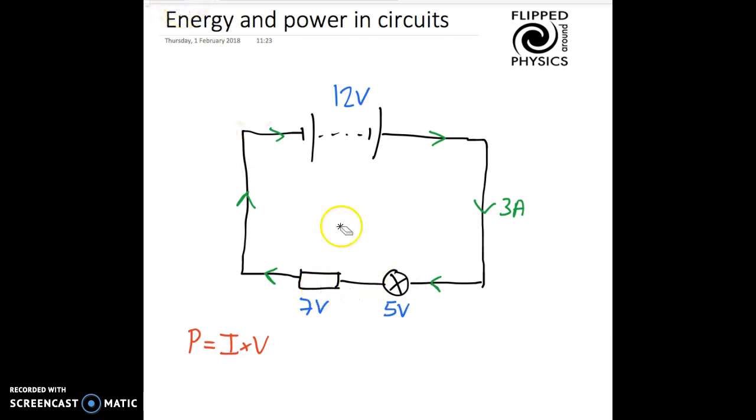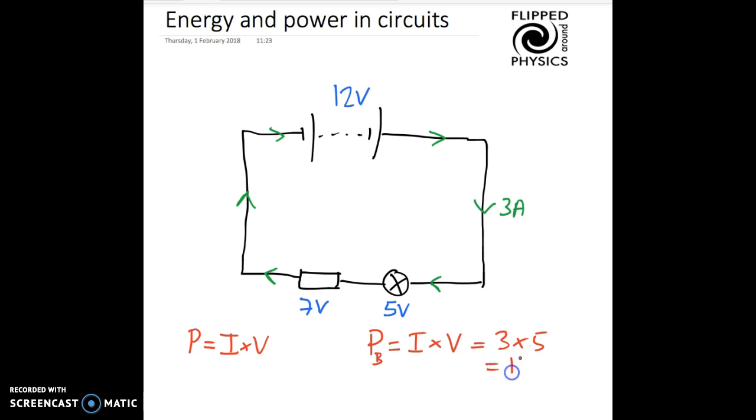Okay, so let's just do a calculation. For the bulb, the power output, power of the bulb, equals current times the potential difference dropped, equals 3 times 5.